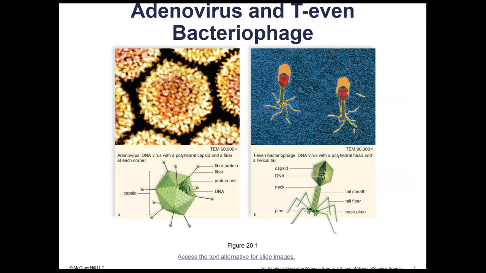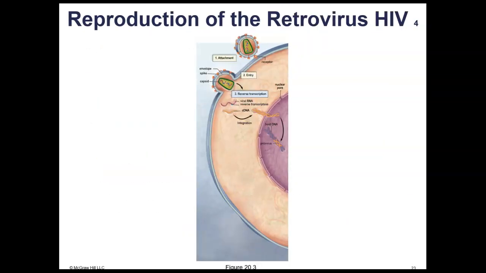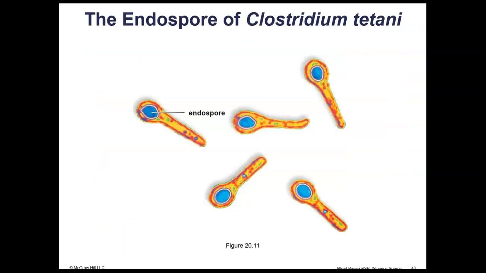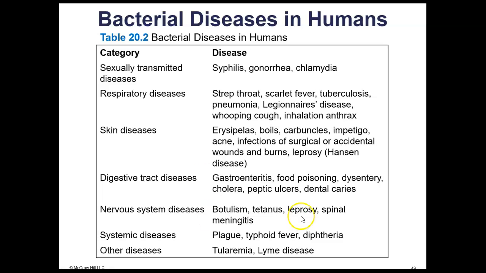And if you go to slide 49, which we're going to do very fast, you can see that gastroenteritis is also a bacterial disease. It also can be caused by bacterium. So I would expect you to know, for example, STDs: syphilis, gonorrhea, chlamydia.